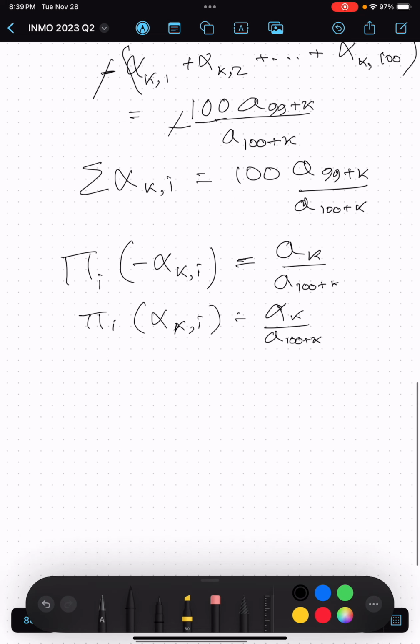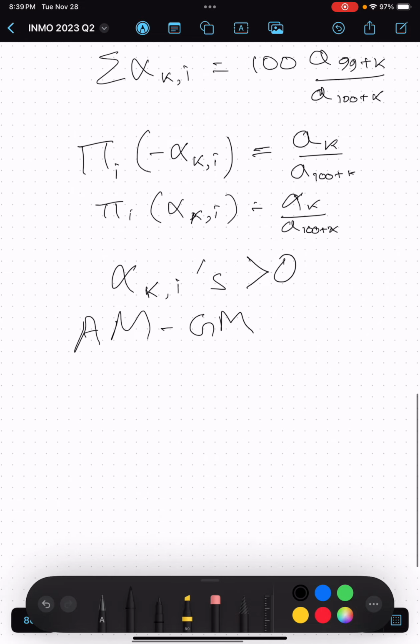Since the alpha_{k,i} are positive, we apply AM-GM on them.